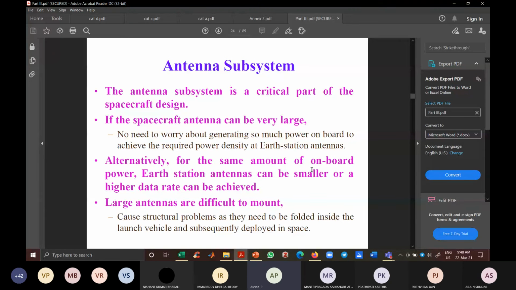Then we have numericals also in these antennas, we can take very easily. Okay, so I will quickly show within a few minutes.